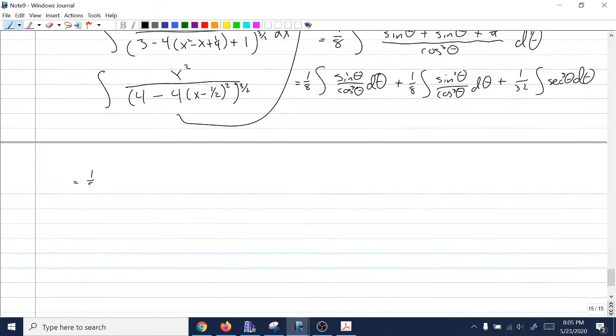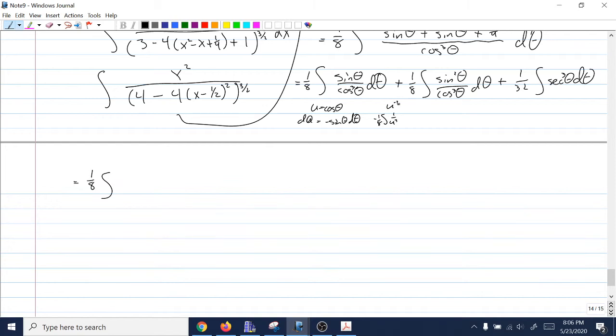I get 1/8 integral. This one I'm going to let u be cosine theta. du is going to be negative sine theta d theta. So I get negative integral 1 over u cubed. Integral of 1 over u cubed, that's u to the negative 3.